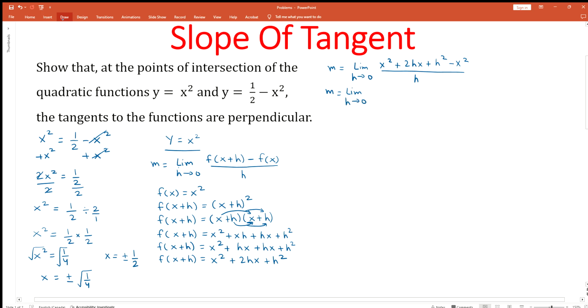We can cancel out the x squares in the numerator expression. Next, we can factor out an h from the numerator expression. We can cancel out the h in the numerator and denominator.